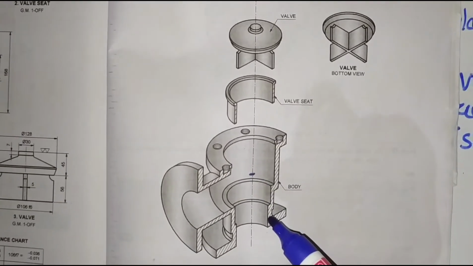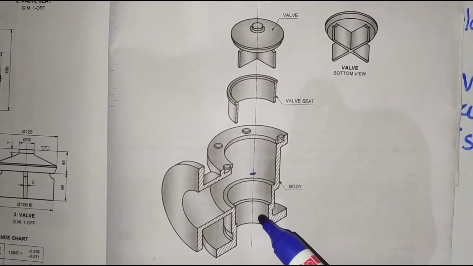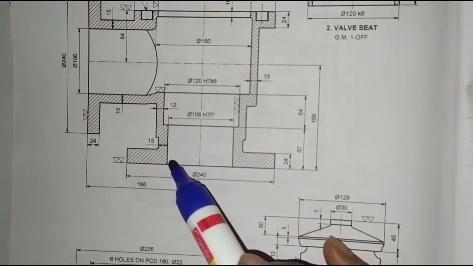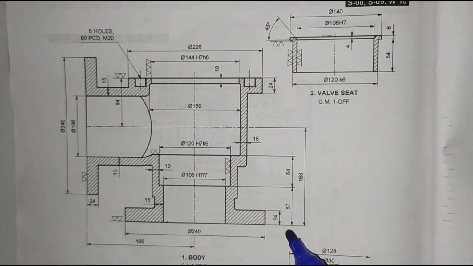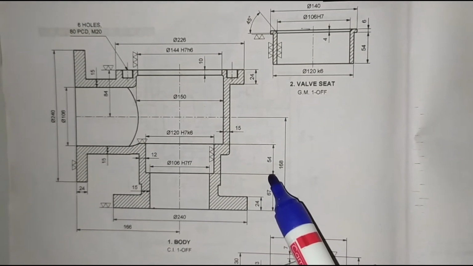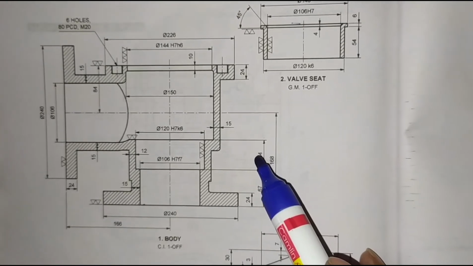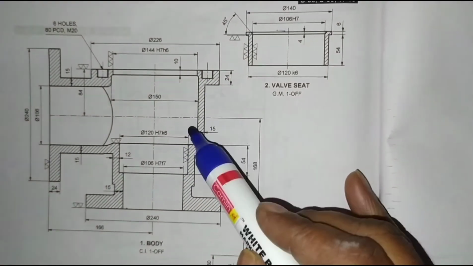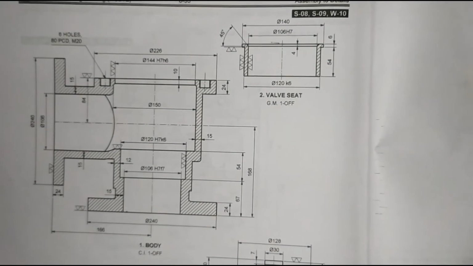Now they have given the heights. The 106 diameter is maintained for 67. The 120 diameter is maintained for 54, and the remaining height is the other diameter. What is the total height?